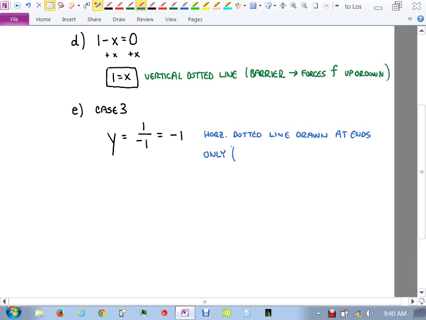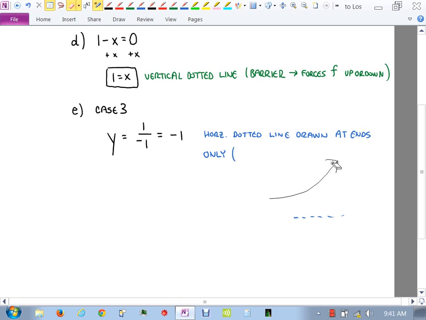Like the vertical asymptote part D, that dotted line we draw forces our function up or down. Do y'all remember what the horizontal dotted lines at the edges do? How it behaves? What it does to your function? Okay, but if I have a dotted line drawn like this, my function can't do this. What does it have to do? It has to go towards the dotted line, right? So I said treat it like a magnet. It draws your function towards it.